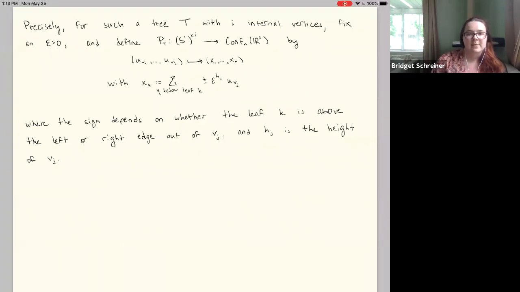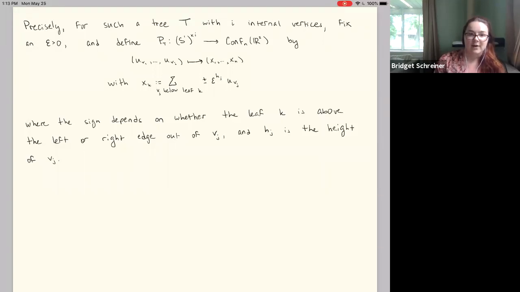More precisely, if we want to write this map down, if we have a tree with I internal vertices, and then you just repeat this if you have a forest, we fix an epsilon greater than 0. I think usually it's picked to be 1/3, but it doesn't really matter. And define the map where we have one circle for each internal vertex.